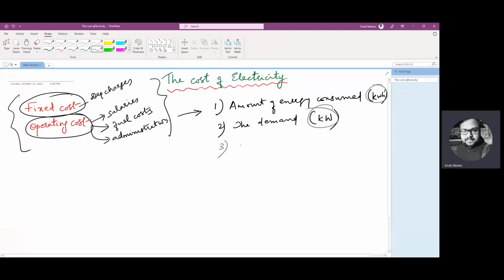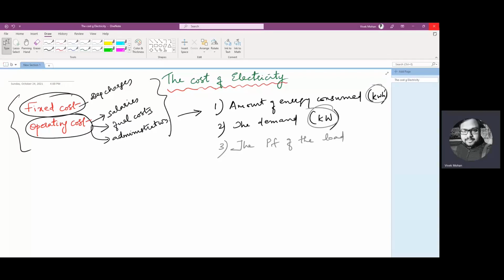Now, the third one is the power factor of the load. We know that industries have big machinery which consumes reactive power for production of the magnetic field. So the effective energy that is consumed by the industry would be more if their power factor is less than unity.